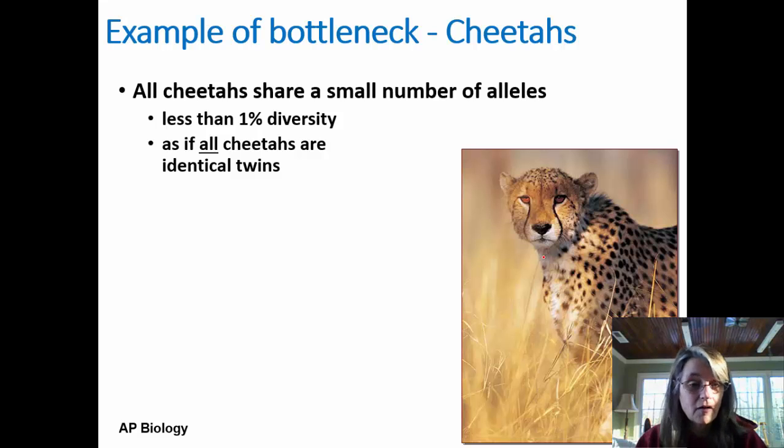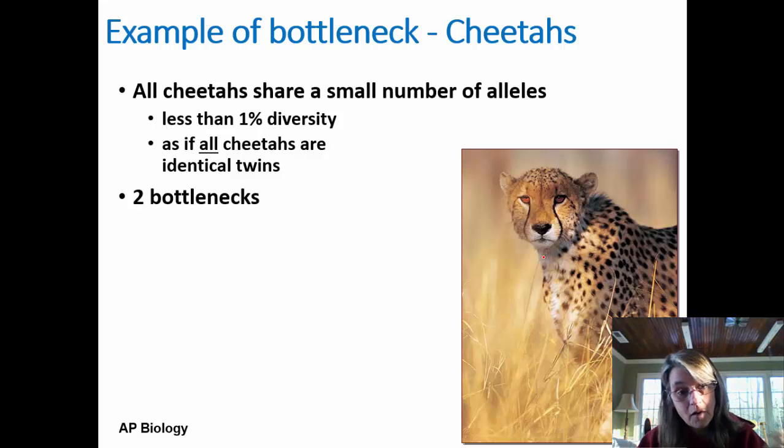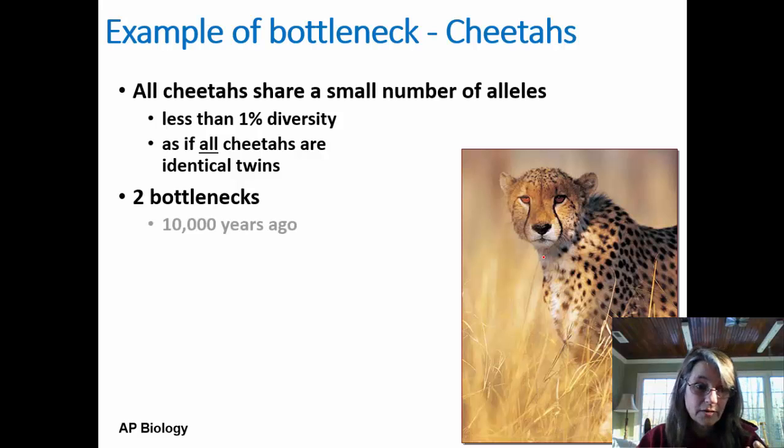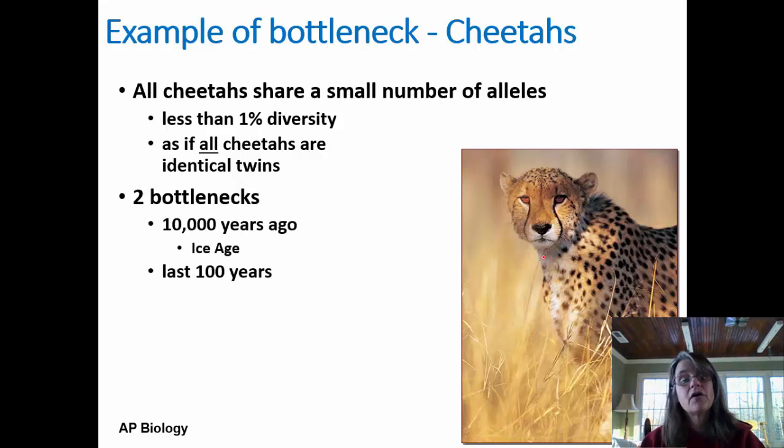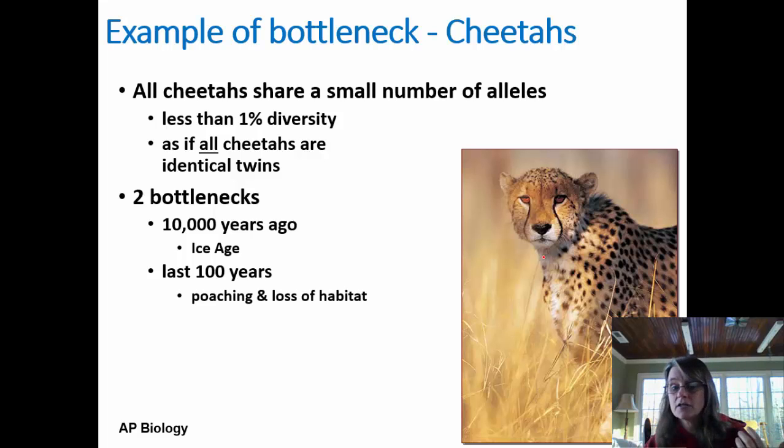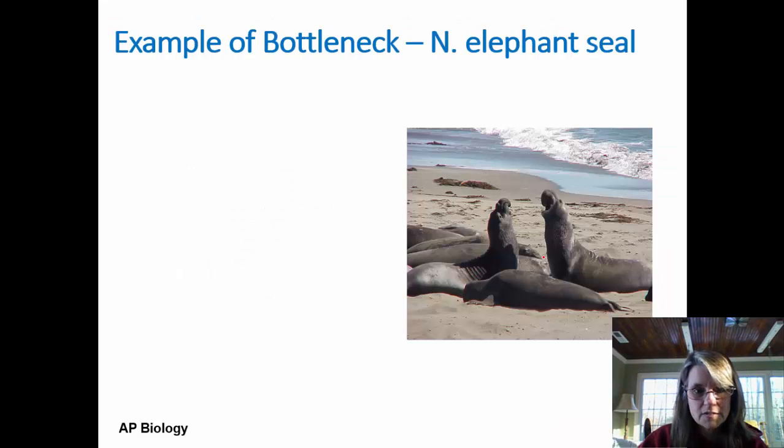It's almost like they're all identical twins. They're so very, very similar. And what caused this similarity in all their genes is two bottlenecks. One 10,000 years ago caused by the Ice Age, but also in the last 100 years caused by humans destroying the habitat and poaching, killing cheetahs.